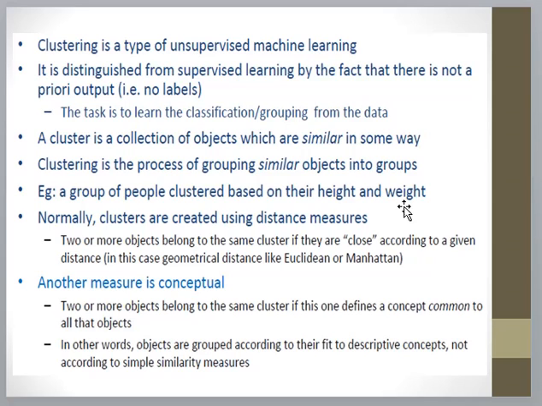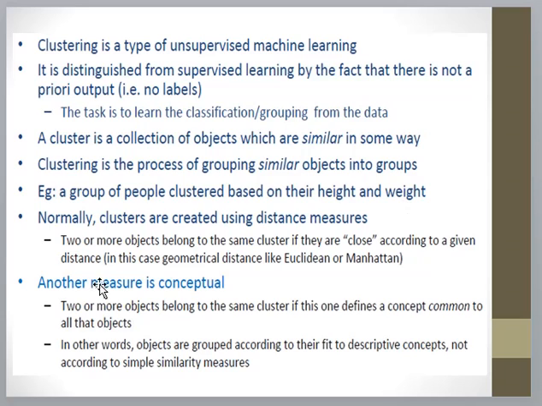Normally, clusters are created using a distance measure. So a typical way, which we will also be seeing in detail, is that in order to form clusters of objects with similar attributes, parameters or characteristics, we use a common scale which is a distance measure, right? So we basically calculate distances between different objects, and on the basis of those distance measures, we form different groups or clusters.